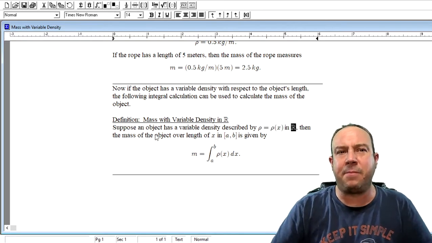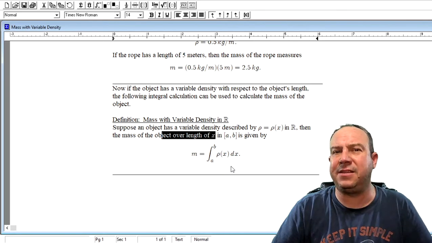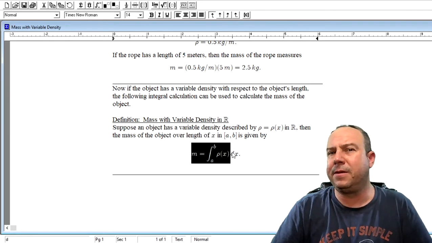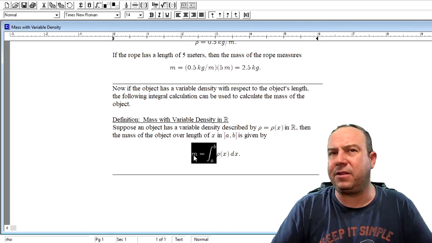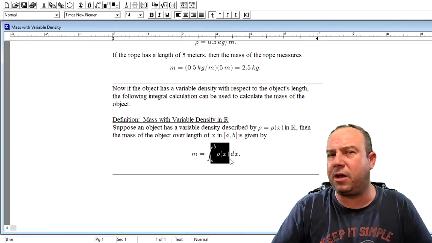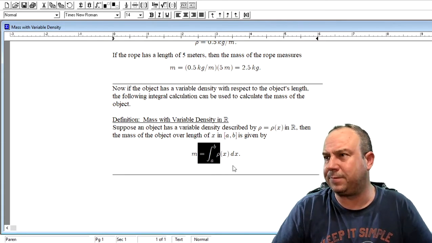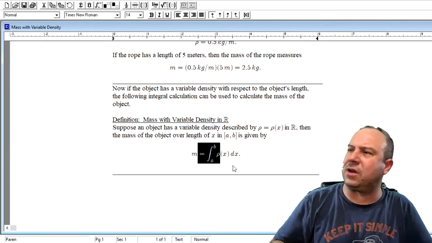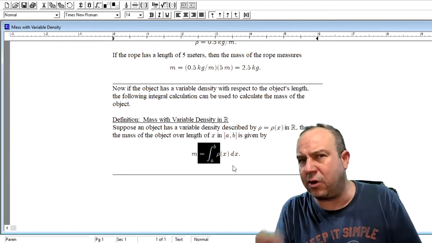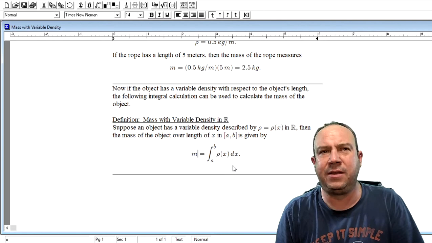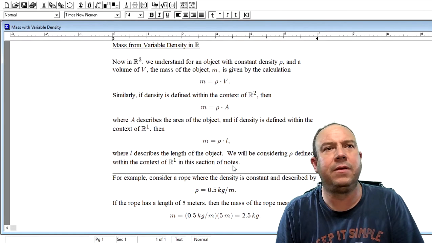Then the mass of the object over lengths of x in the closed interval from a to b is given by this integral. We are just going to integrate the density function over that length from a to b. And that is how we're going to calculate mass with variable density in a one-dimensional system.